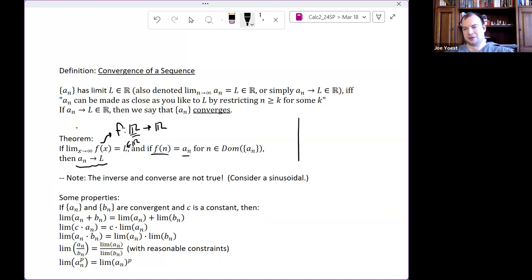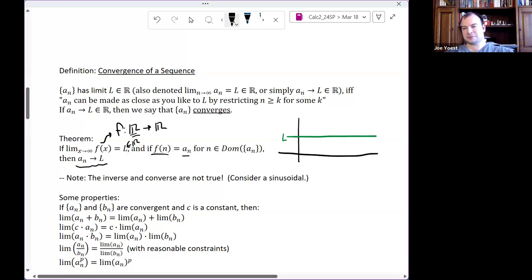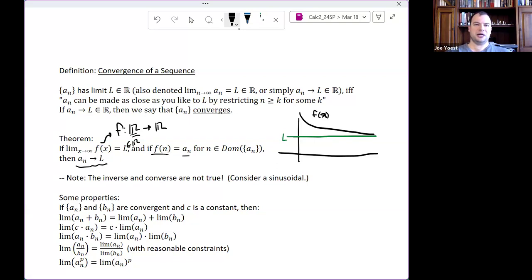This makes a lot of sense, right? Let's say this is my proposed L for this function. So this function, in some sense, has a lot of points on the curve.